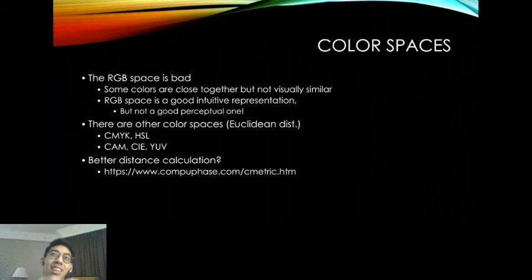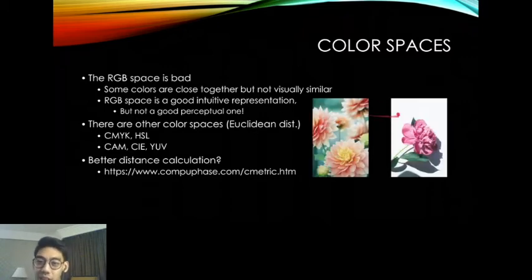Let's say I see a green in the RGB space, and I see another green. It might not actually be as close as you think in RGB space, although it looks visually very, very similar. So here's the demonstration. I've got these two pictures here, right? And I actually did this before.